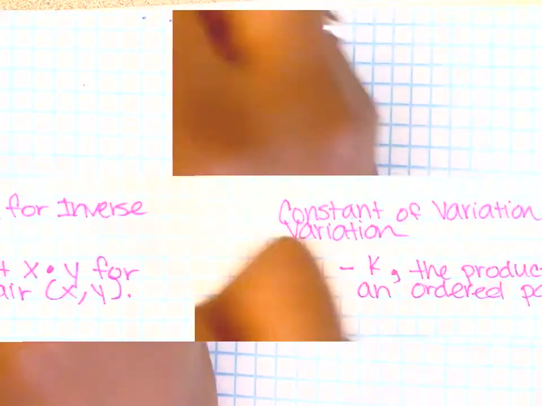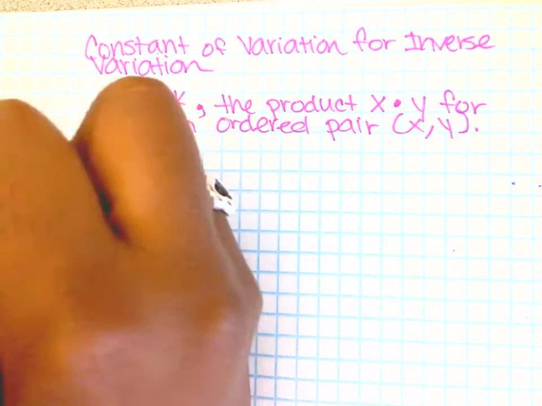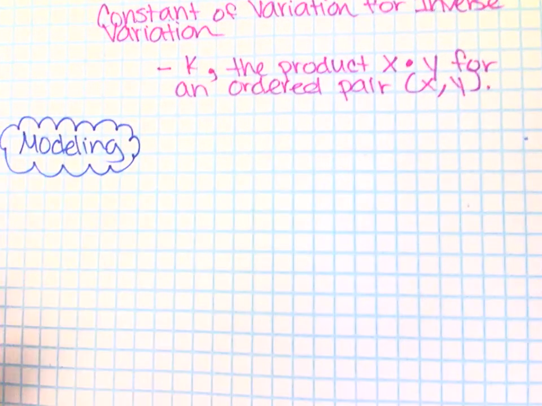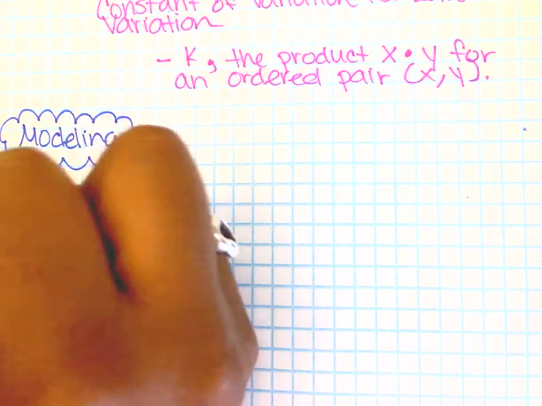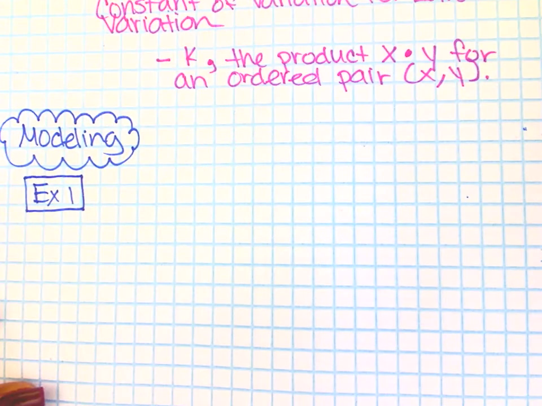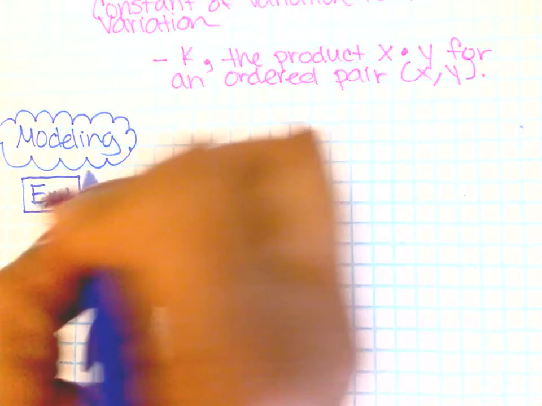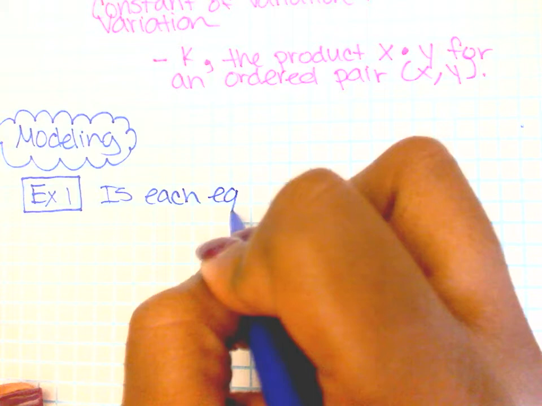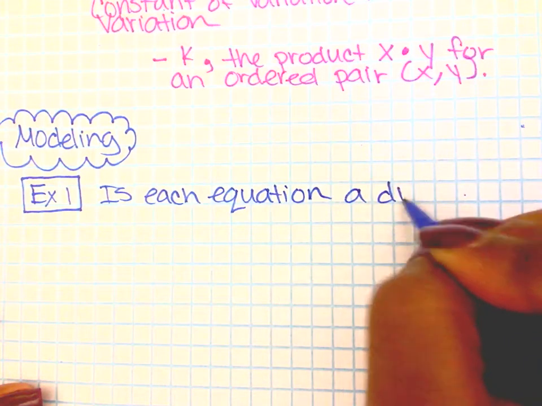All right, so let me show you a couple of examples. Okay, we're going to go with example 1. Go ahead and write that on your paper. Example 1. The directions are going to say, and write the directions so you can match with your homework which problems go with which directions: Is each equation a direct variation?